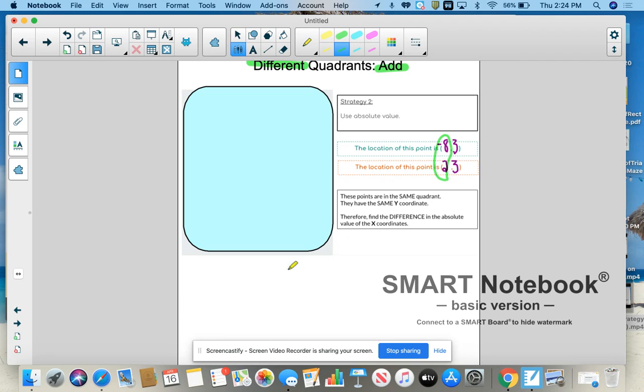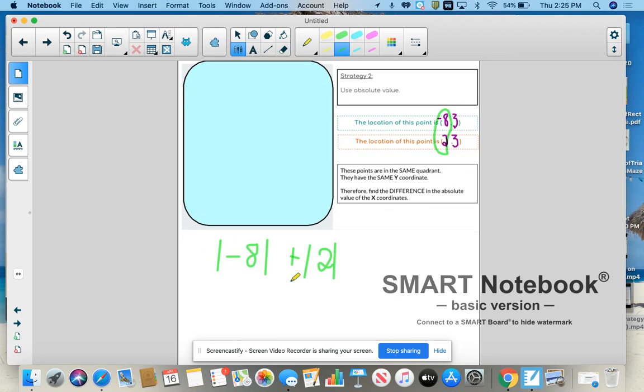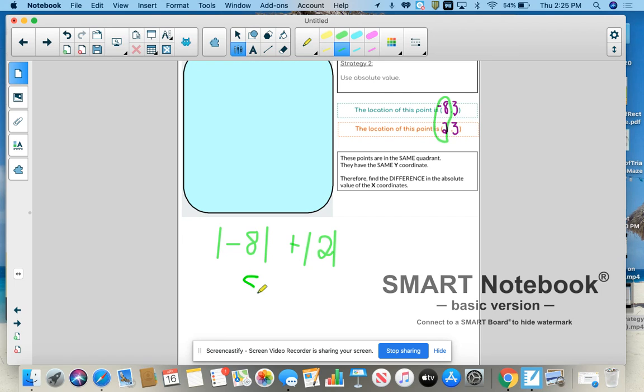And I'm going to start by finding their absolute value. So the absolute value of negative 8, the absolute value of 2, and I'm adding. I know that the absolute value of negative 8 is 8. I know that the absolute value of 2 is 2, and 8 plus 2 is 10. So the distance is 10.